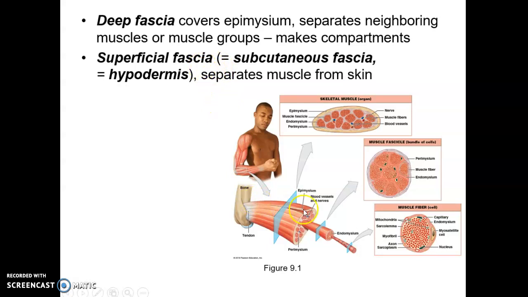Then moving outward towards the skin, we have the superficial fascia, also called the subcutaneous fascia, and also called the hypodermis. That should ring a bell from when we looked at the integument, the skin. The hypodermis, remember, has a lot of adipose tissue, and it separates the muscle, which is deep, from the skin, which is superficial.